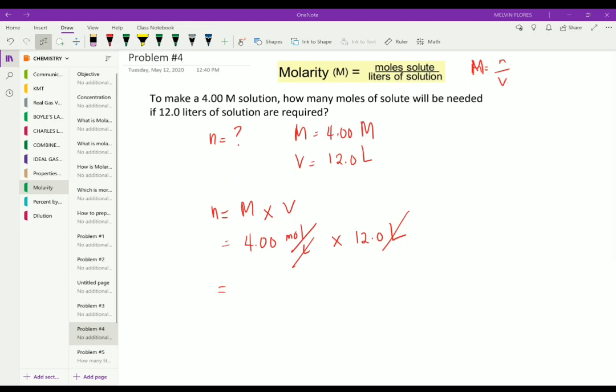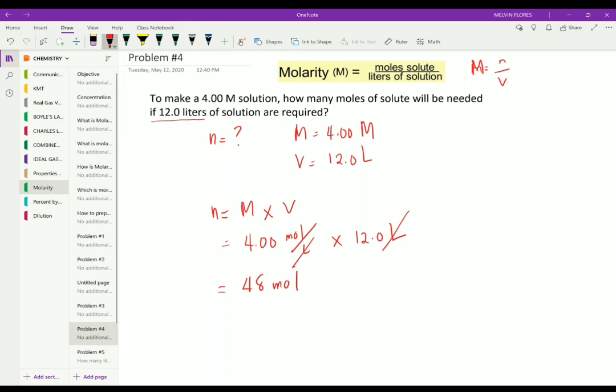4.00 times 12 is going to give you 48. So 48 mole of that solute. That means you need 48 mole of that solute, and then add water to make a 12-liter solution. That is how you're going to prepare the 4 molarity solution.